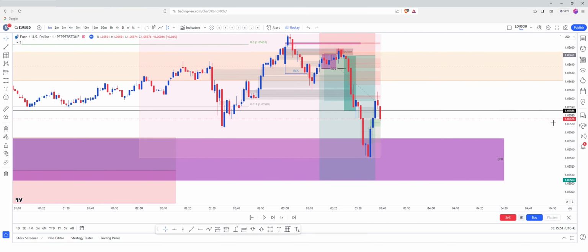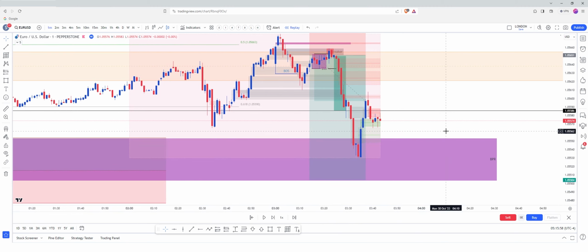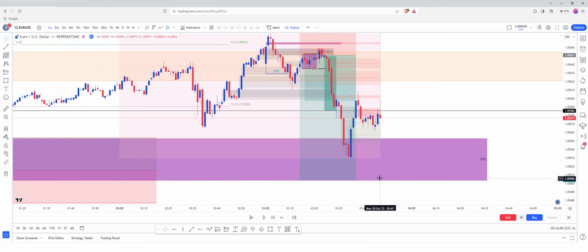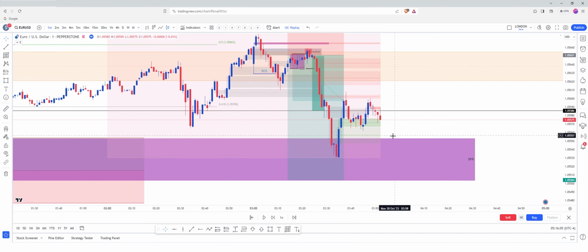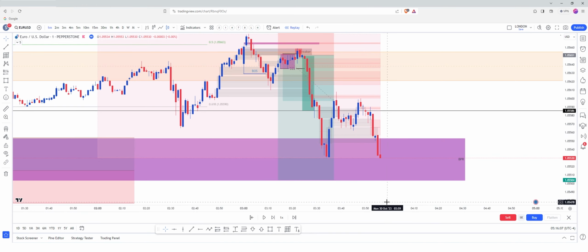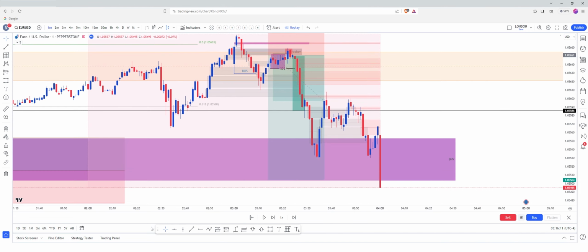So again, note the timing cycles. So 45, a little bit of consolidation going on, and then coming into the 4 AM candle. Strong move, so we put in relative equal highs, relative equal lows at this point.